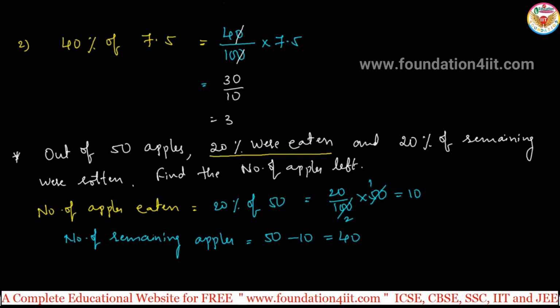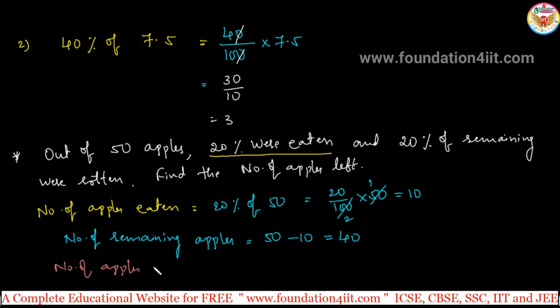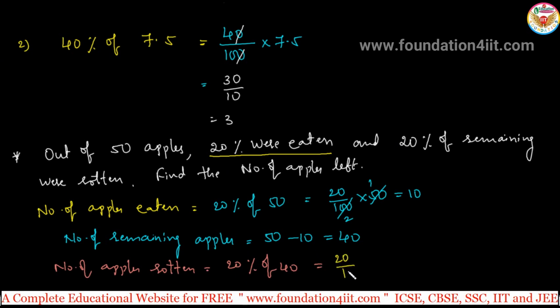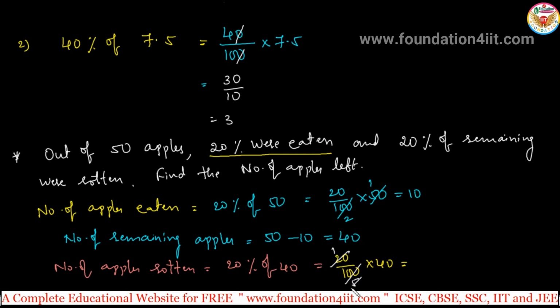They spoiled. So the number of apples rotten is 20% of the remaining. That means 20 percentage of the remaining, which is 40. Again we have the statement, 20% of 40. So what should we do? 20 by 100 into 40. You can calculate this. 2 fives are 10, 8. So the number of apples rotten is 8.